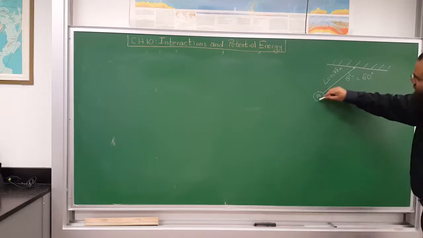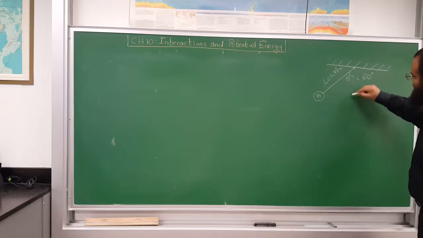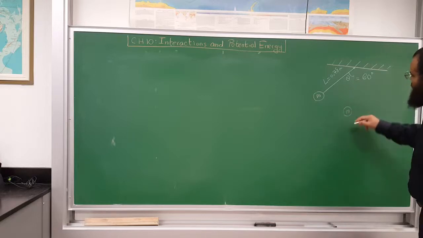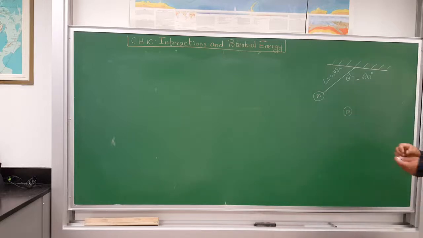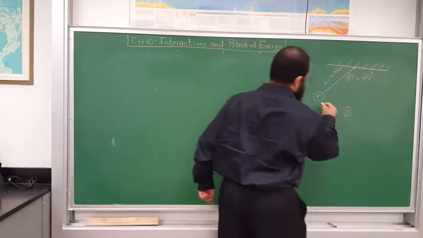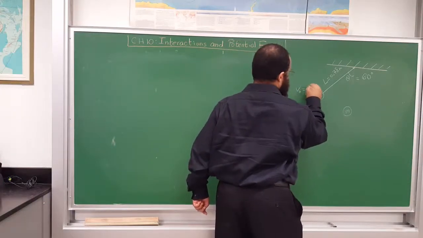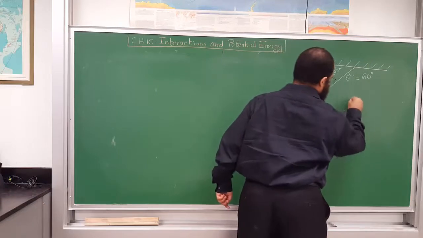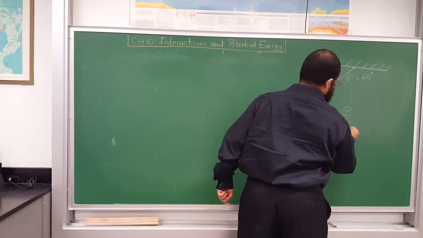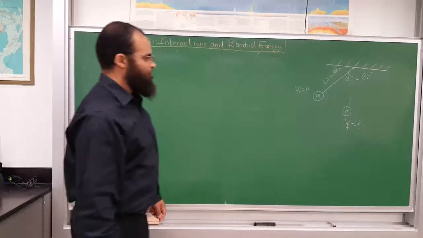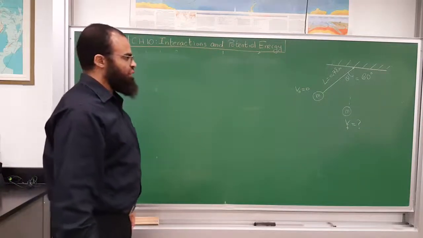And the question is, as it swings and gets to the lowest point here, what would the speed be? So as it swings here, let's call here v initial. It starts at 0, so v here at the bottom, let's call it v final. What would it be?